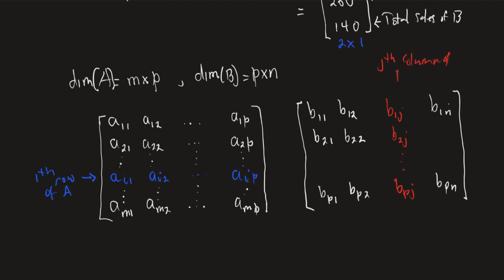of matrix B, right? And basically what we did earlier with the store and the unit price, where we took information in a row from the first matrix and multiplied it by a column.